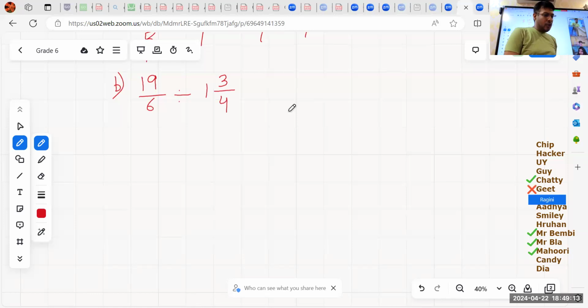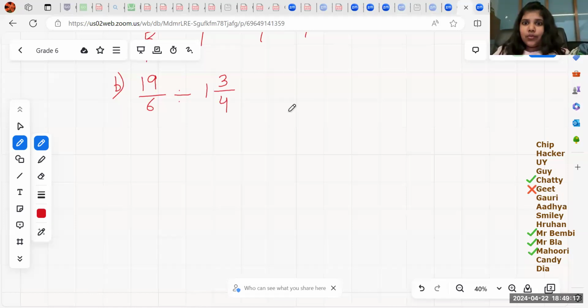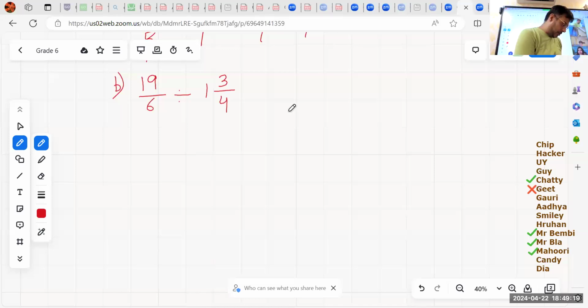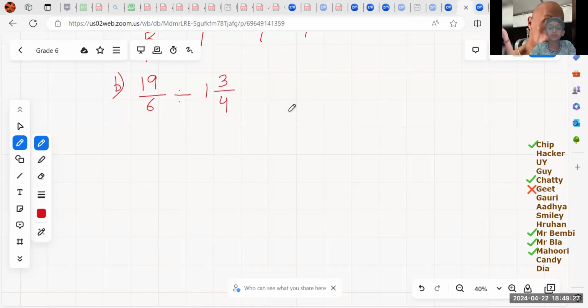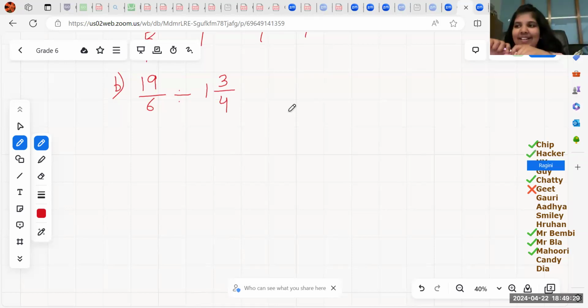So after this question, I will continue with negative numbers. No, sir, please no. Why not? Sir, I hate negative numbers. Sir, please continue with fractions instead.